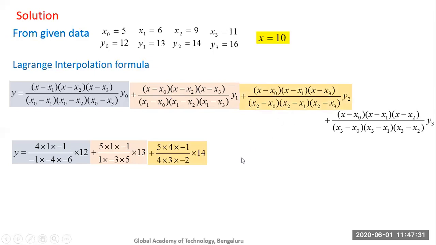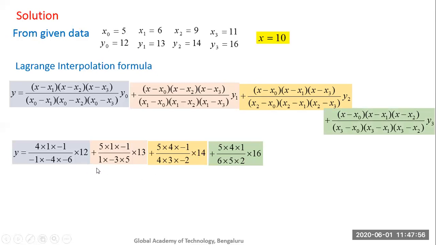Similarly, for the next term, 10 minus 5, 10 minus 6, 10 minus 11, that is x3 directly. Denominator is x2 minus x0, that is 9 minus 5, 9 minus 6, 9 minus 11, we get 4, 3 and minus 2, multiplied by the corresponding y2. Similarly, the last term.